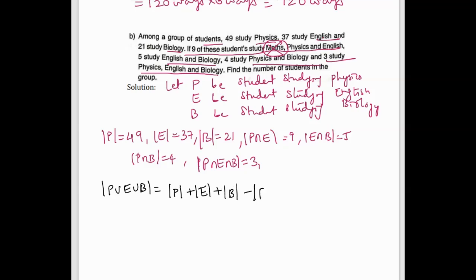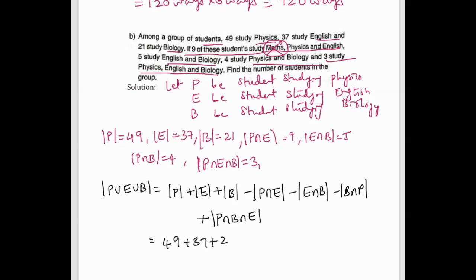So it will be P intersection E, symmetric you should write E intersection B, then B intersection P. Then plus of all together P intersection B intersection E. Anything you can write P E B or E B, it doesn't change. Okay, so it is 49 plus 37 plus 21 minus 9 minus 5 minus 4 plus 3.